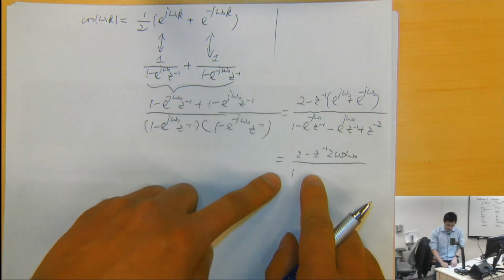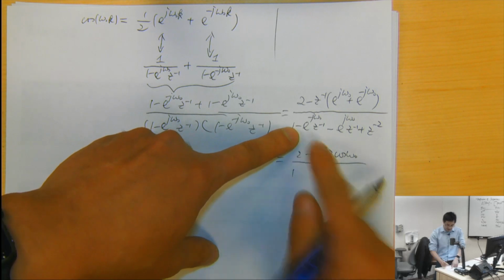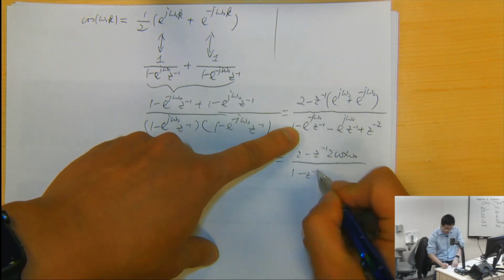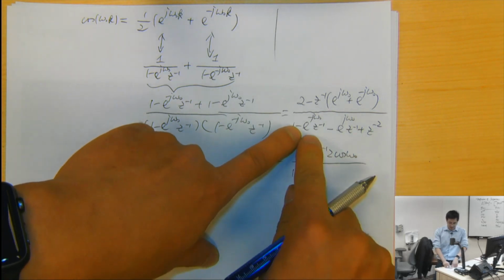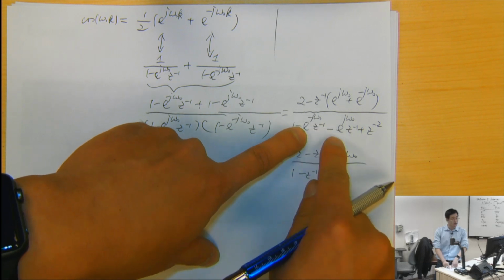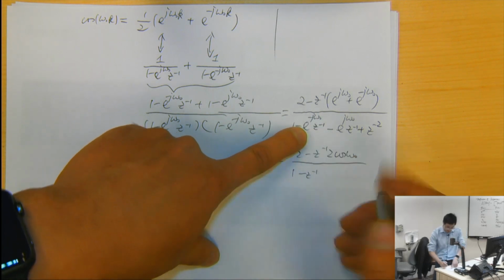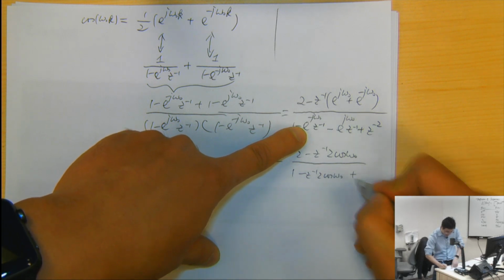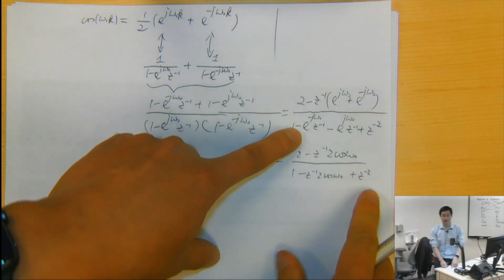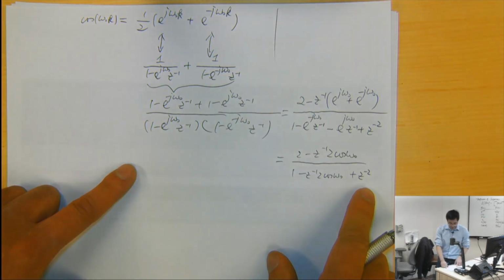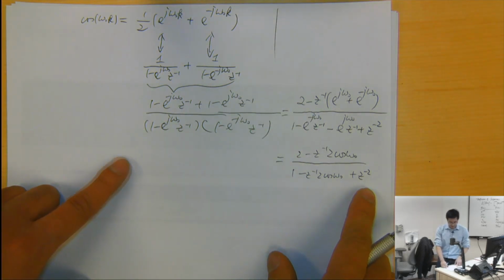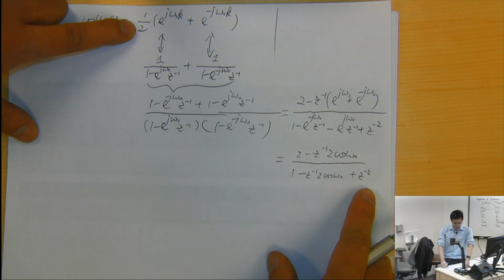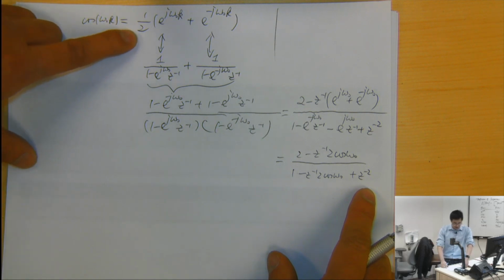What is in the denominator? I'm going to have 1 minus z^(-1). What do we have here? e^(-j omega 0) plus e^(j omega 0), which is another 2 cosine omega 0. And then z to the power of negative 2. Don't forget, we have a division by 2 left over.